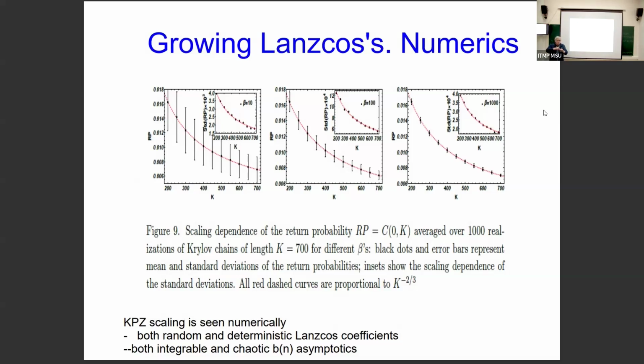the Lanczos coefficients. When we have growing Lanczos coefficients, it can be shown, and cut off by hand at some level, it turns out that we derive the KPZ scaling for corresponding autocorrelators in all cases, both for random and for deterministic.